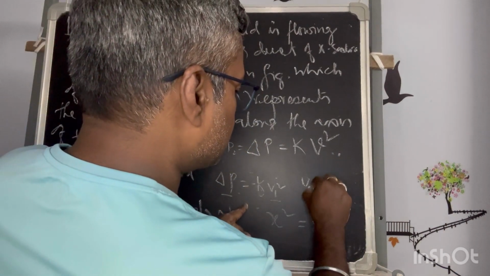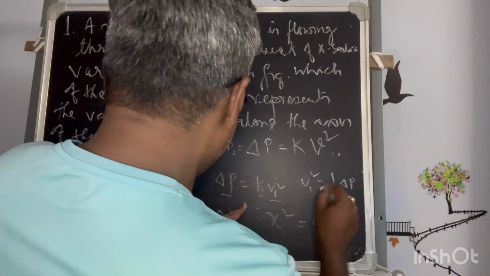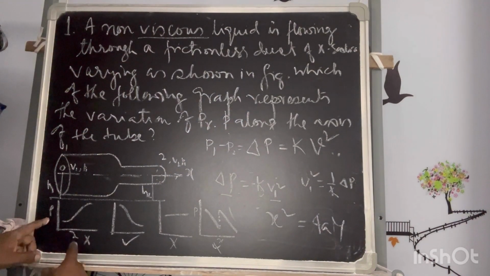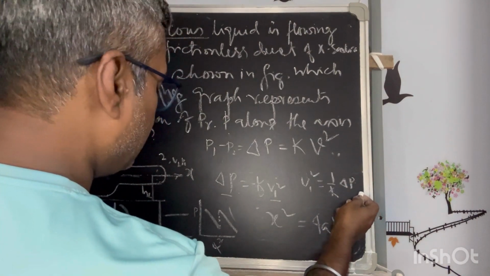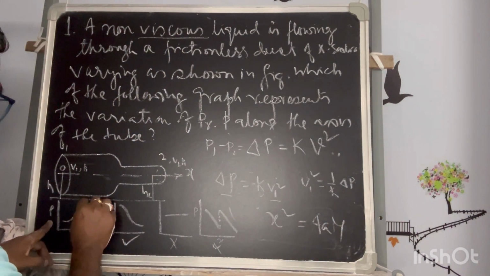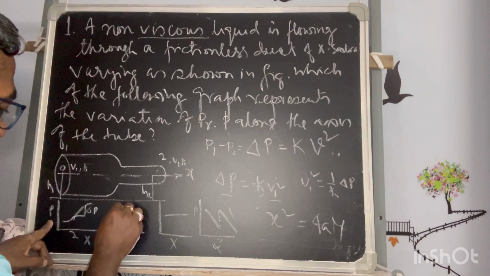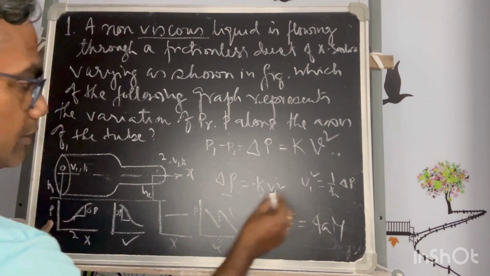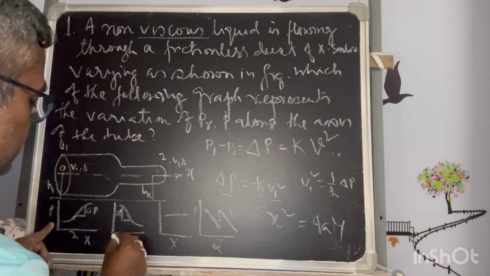How? v1 square is equal to 1 by k into delta p. Delta p is the pressure difference, the slope, and v square is related to it this way.